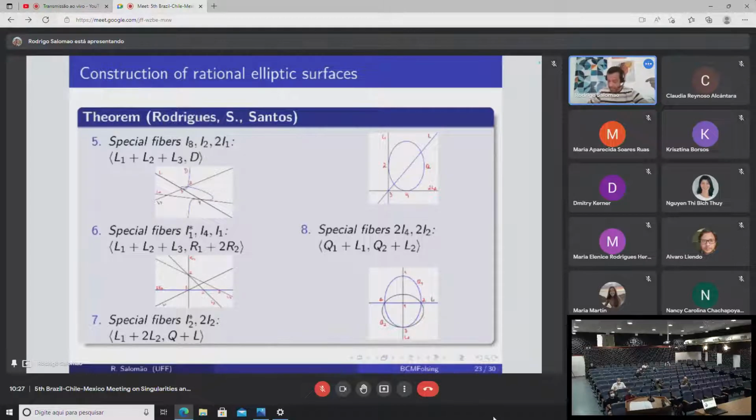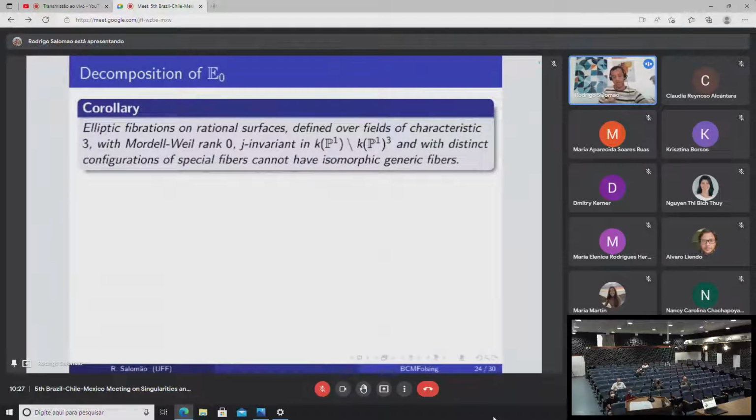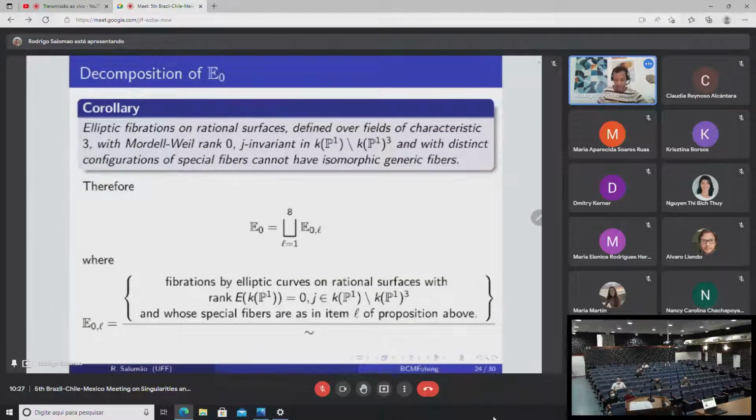And if we use this corollary, we will stratify again, but now the set E0 in 8 pieces, where E0L is described like here.